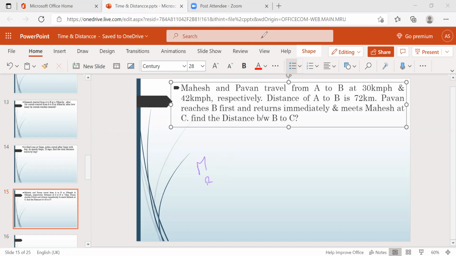Okay, but here is a different thing. What's happened? First of all, I'll explain clearly. So first, this is the A to B thing. Now, Mahesh and Pawan started at the same time. That is what's important here. The same time. Okay, Mahesh started and Pawan also started towards B. This is A, this is B, right?